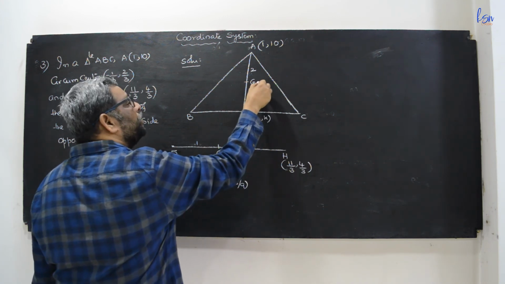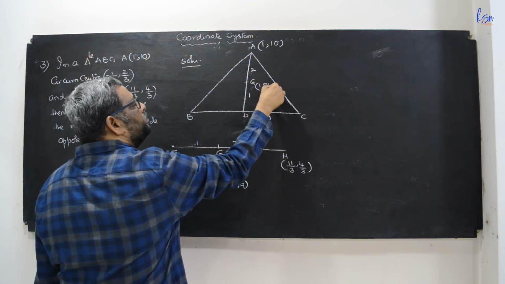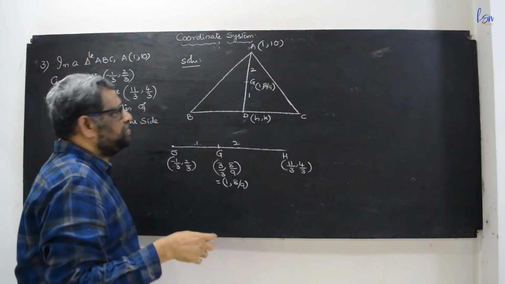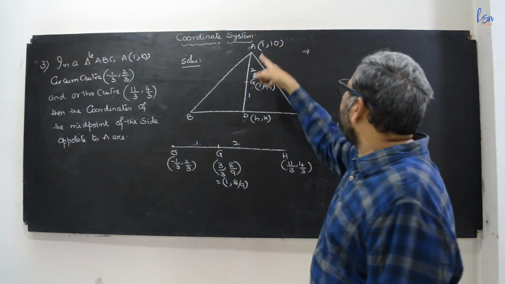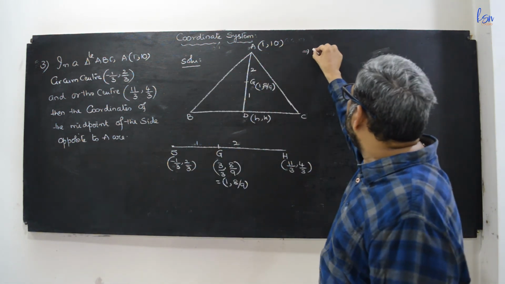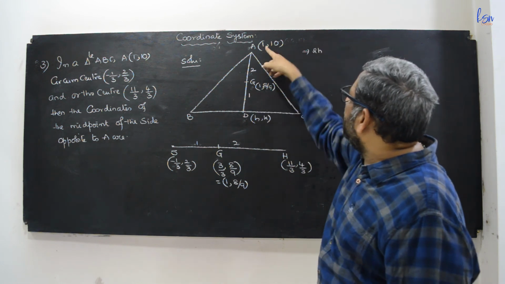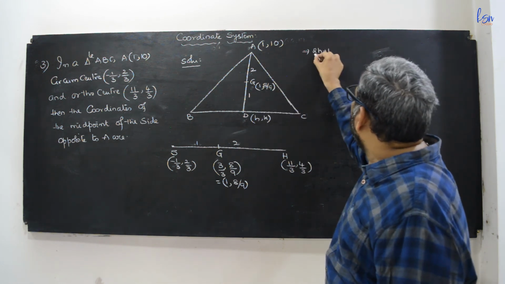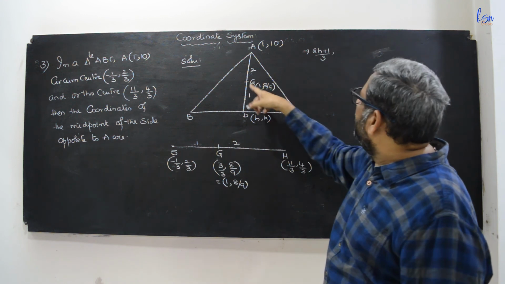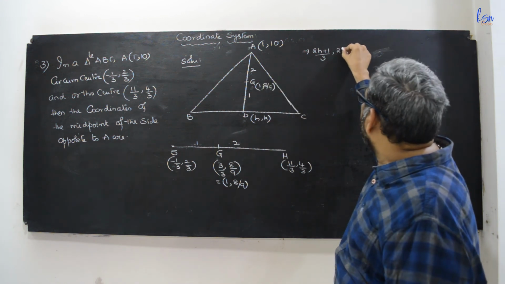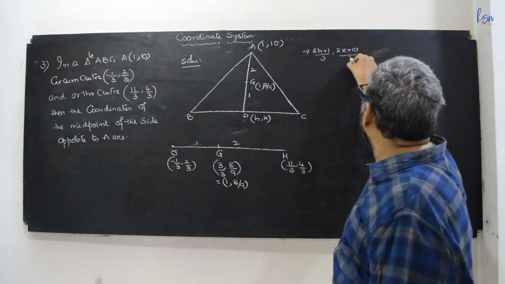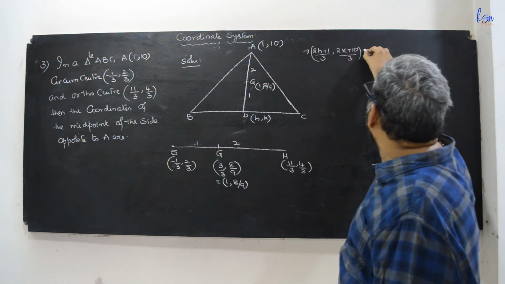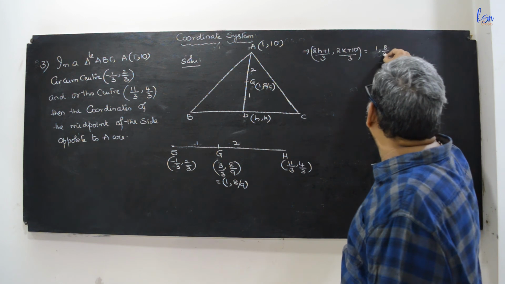This is already known, 1 comma 8 by 9, and that point A is also known to us. Again, applying the section formula, 2H plus 1 by 3, comma, 2K plus 10 by 3 is equal to 1 comma 8 by 9.